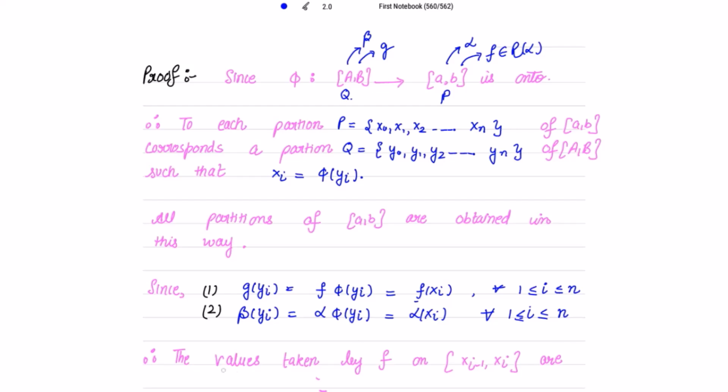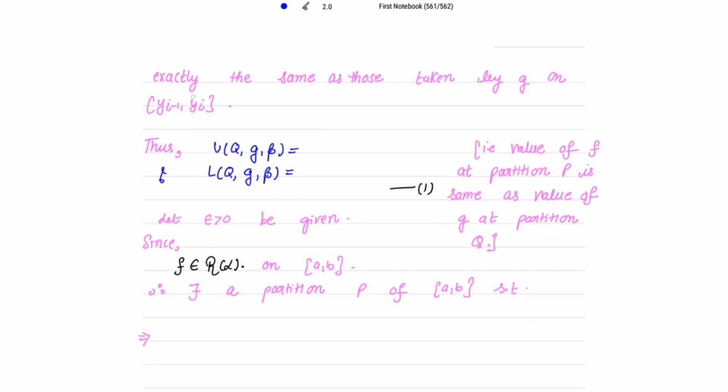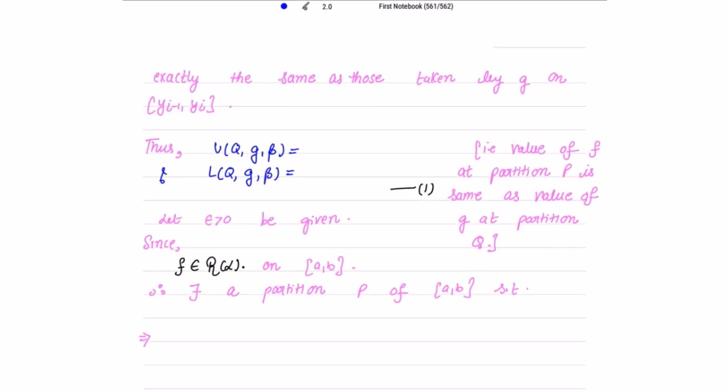So therefore the values taken by f on the closed interval [xi minus 1, xi] are exactly the same as those taken by g on the closed interval [yi minus 1, yi], right? So thus U(Q, g, beta), the upper sum of partition Q on g, beta, will be equal to the upper sum of partition P, where instead of g I will write f, and instead of beta I will have alpha.